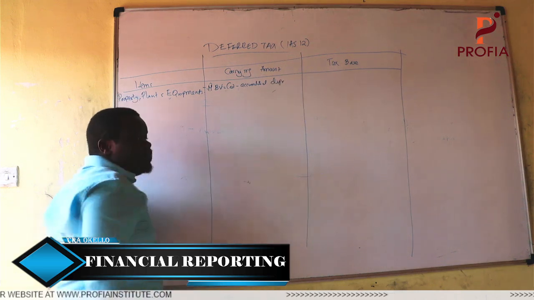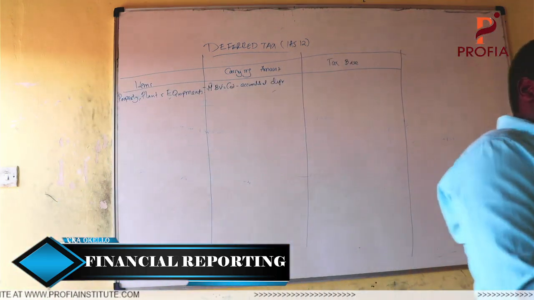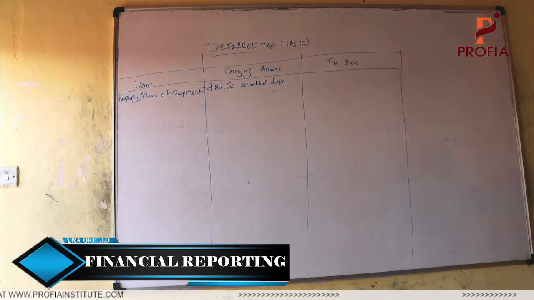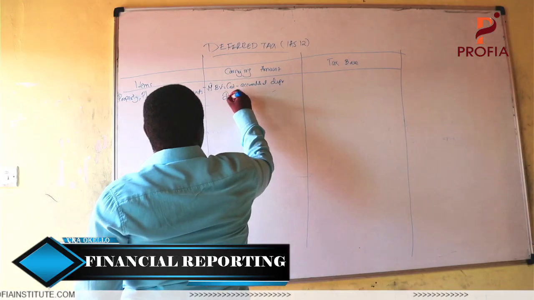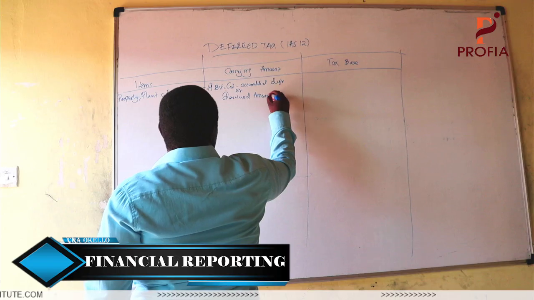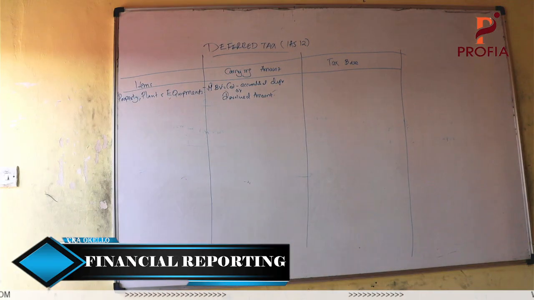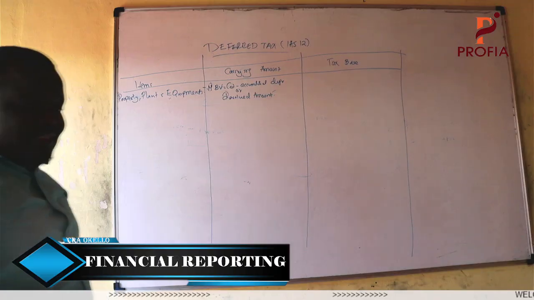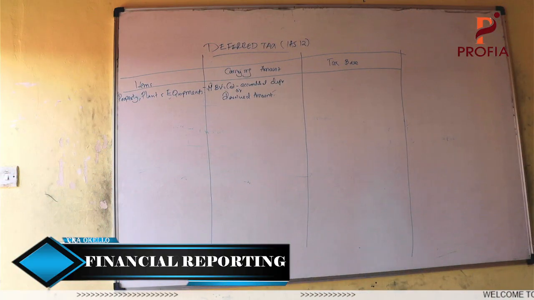Or sometimes we use revalued amount. That is what we define as the carrying amount of PPE. We are all conversant with that: cost minus accumulated depreciation.